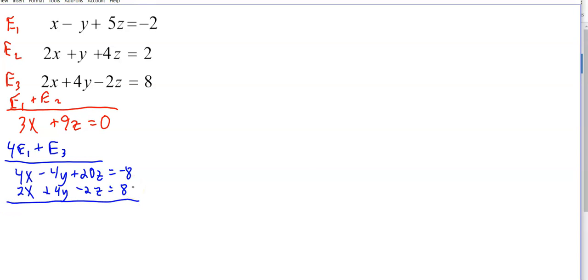Okay, so this one's going to be 6x plus 18z equals 0. Okay, so now I have a system of two equations with two unknowns.